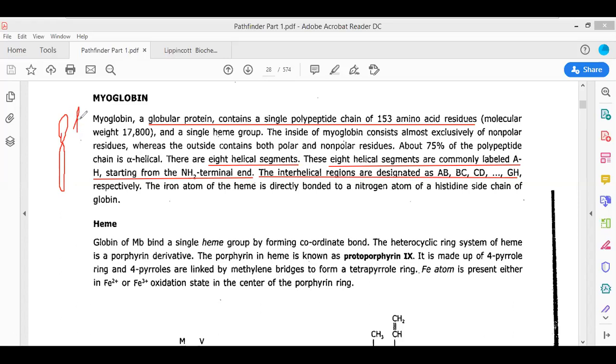The small arm is referred to as P. The large arm is referred to as Q. So myoglobin has a specific position that is referred to as 22q12.3. So what is this 12.3 that we have to see? It is present on the 22nd chromosome, large arm, first region, second band, and third subband.